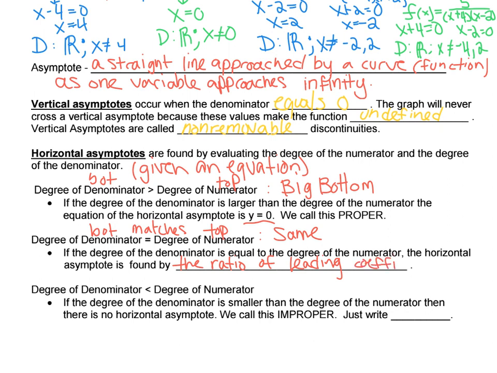So once we check those degrees, when they match, we would take the ratio of the leading coefficients to create our y equals. Our y equals is always how we're going to start a horizontal asymptote, and then it could be some type of number. It won't be 0. 0 only happens when the bottom is bigger, but then it'll be some type of number for our horizontal asymptote when the degrees match.